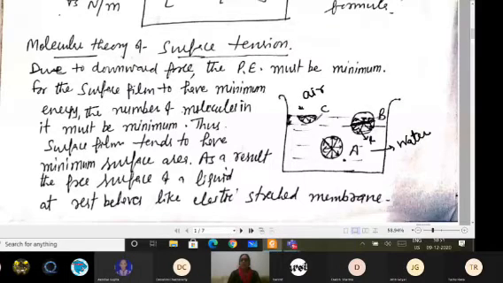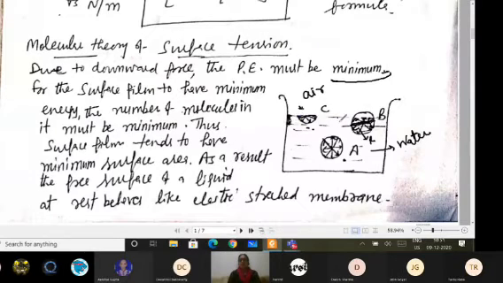And for the stability of a liquid at rest, this potential energy should be minimum. This is the condition for getting the equilibrium or the stable equilibrium. The potential energy must be minimum. So if I want the potential energy minimum, then it means the number of molecules on the upper surface should be less or the minimum.